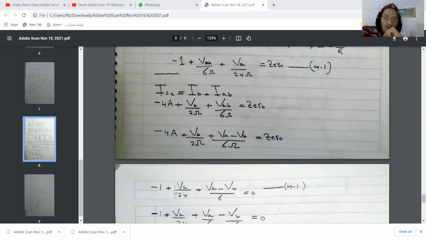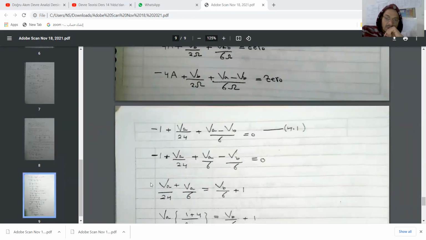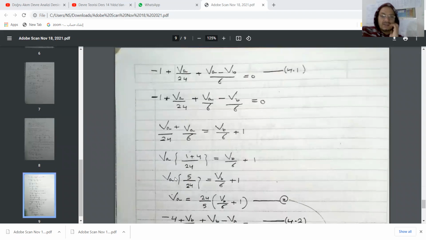Here, minus 1 plus VA divided by 24 plus VA minus VB divided by 6 equals 0. We divide this line to calculate the VA with its elements to be like that.